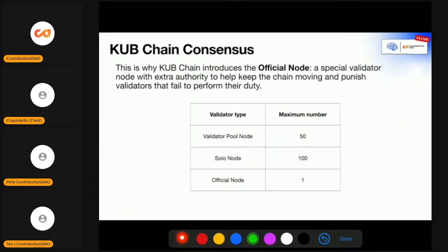But KUB Chain introduced a special kind of node to solve this, which is the official node. The official node is a special node that has the authority to keep the chain moving and punish other validators if those validators are bad or malicious.